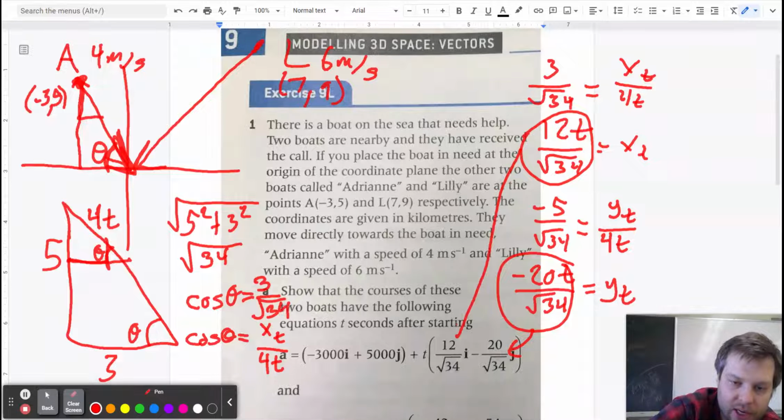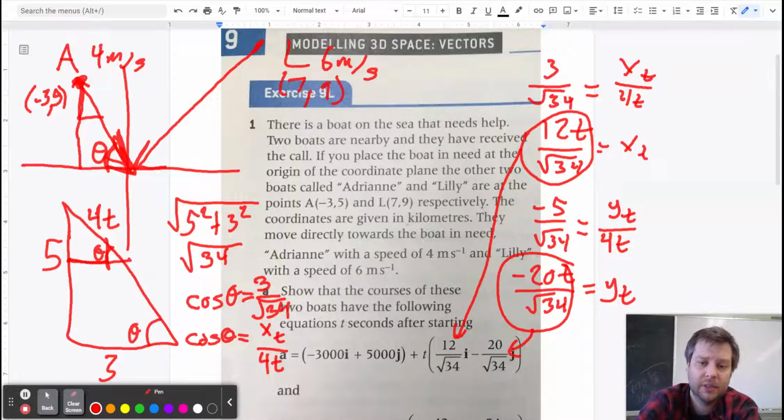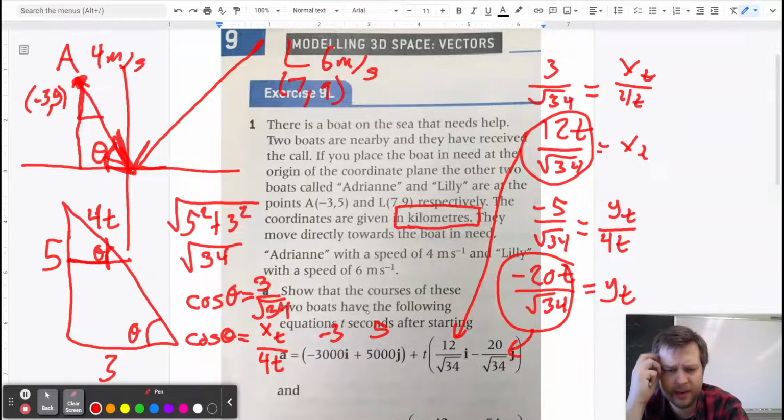The i and the j are just the unit vectors that move in the x direction and the y direction, respectively. The only other thing to account for are the 3 and the 5, and those are our initial coordinates. Keep in mind that in the problem, they said the initial coordinates were given in kilometers, so the x value of -3 becomes -3,000, and the y value of 5 becomes 5,000.